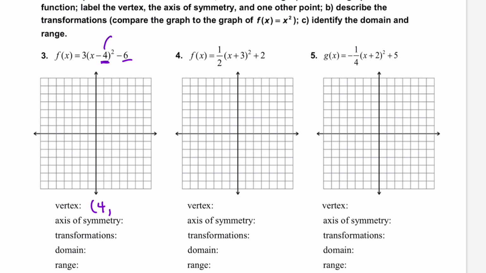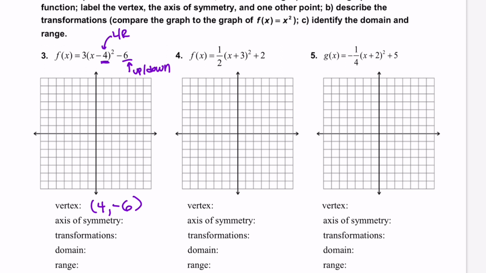This number here has to do with left and right. This number here has to do with up and down. So we're going to go in the +4 direction, but that negative stays -6. It's not going to flip the sign, and you know that because it's not in the parentheses. If it's in parentheses, it does the opposite of what you think it's going to do.